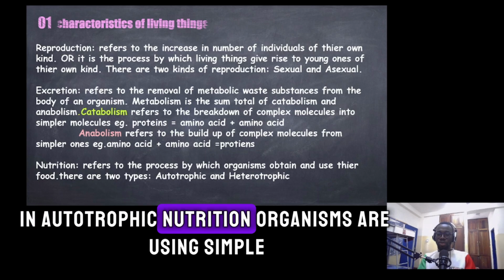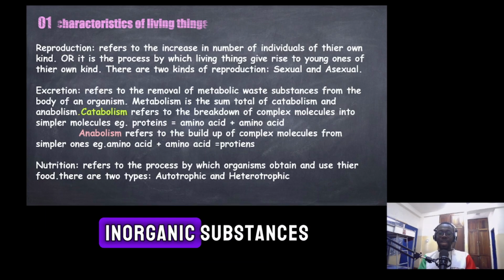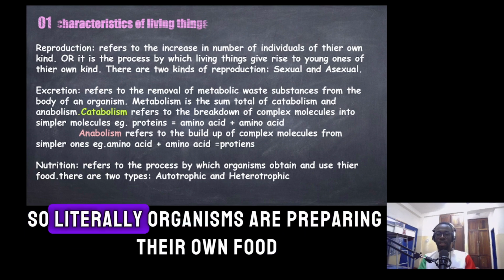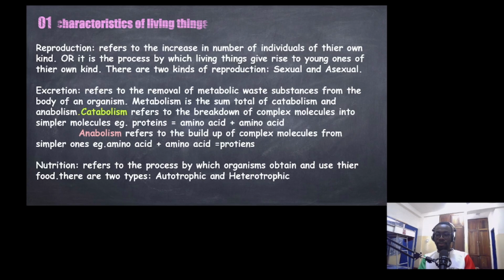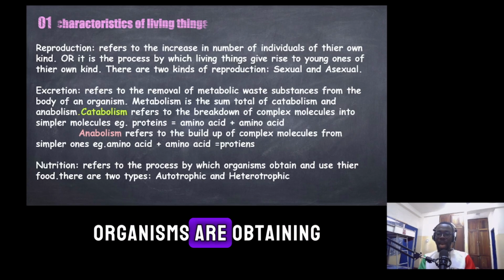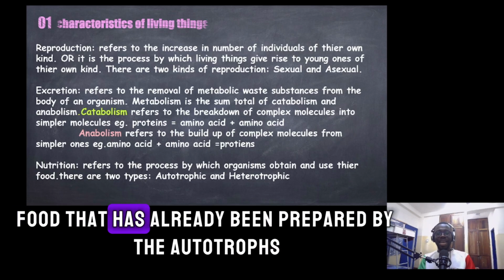In autotrophic nutrition, organisms are using simple inorganic substances to produce complex organic substances. So, literally, organisms are preparing their own food. Whilst in heterotrophic nutrition, organisms are obtaining food that has already been prepared by the autotrophs.